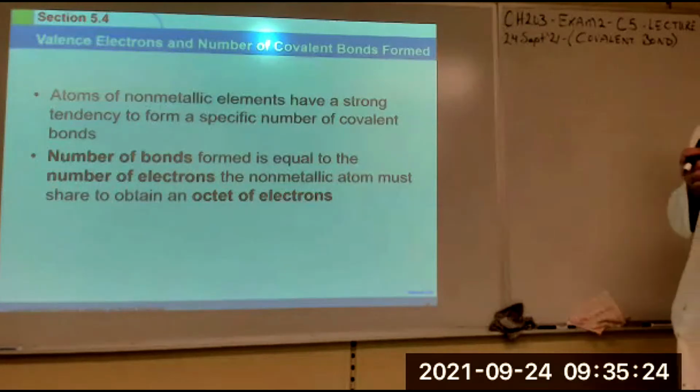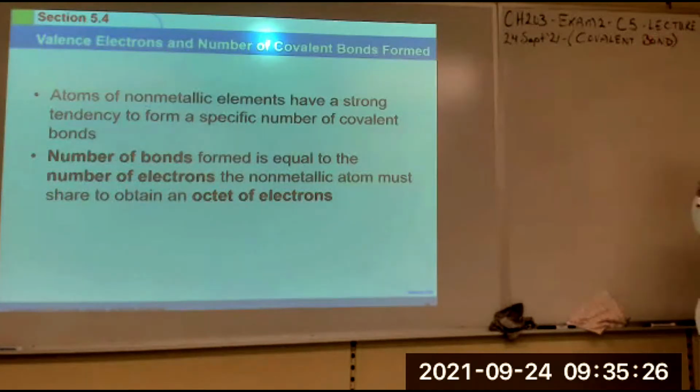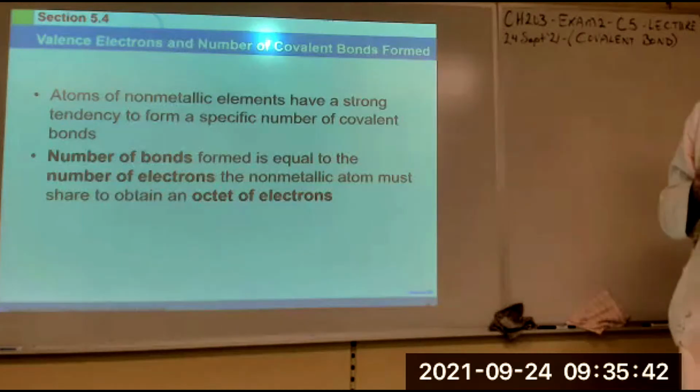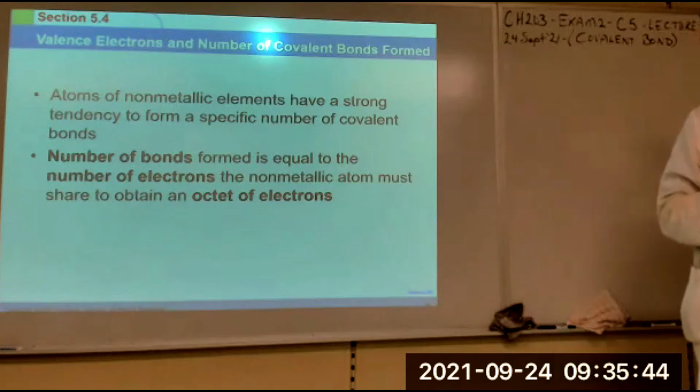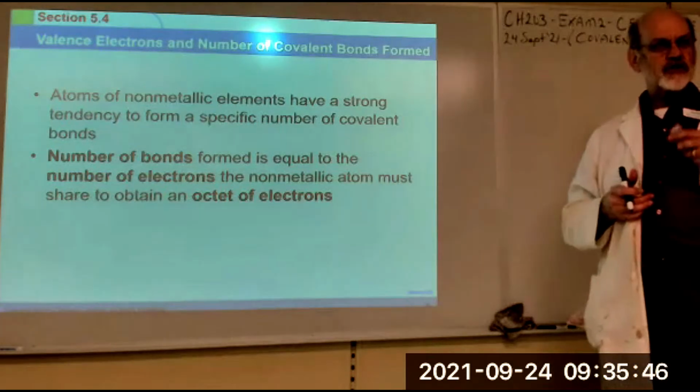As a general trend in the periodic table, electronegativity increases from lower left to upper right. So if you go up, you're increasing electronegativity. If you go to the right, you're increasing electronegativity. That means fluorine is the most electronegative atom in the periodic table. It has a very strong attraction.